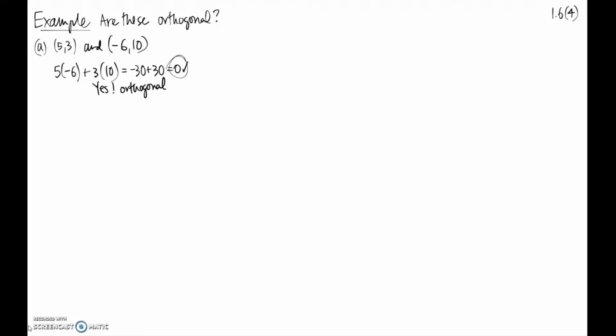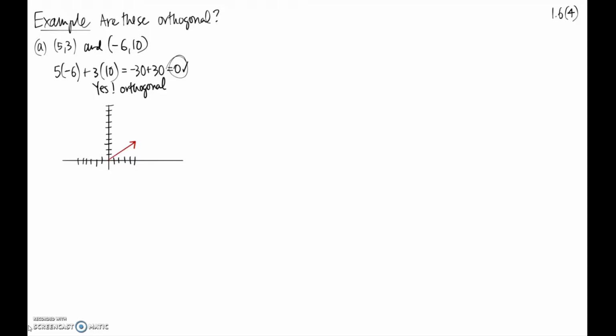Let's just sketch it real quick so that we can prove to ourselves that that's true. 5, 3 will be 1, 2, 3, 4, 5, 1, 2, 3. It'll be a point about right here. And then -6, 10 would be 1, 2, 3, 4, 5, 6, and up 10.